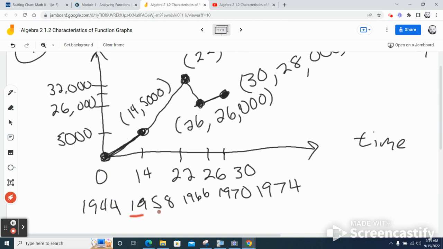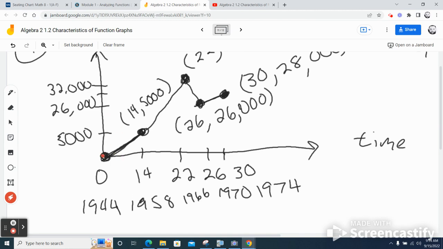And then it says in 1958, they had 5,000 warheads. So it's a gradual increase. You can make the assumption that it is a constant increase or average increase, however you want to. So I'm going to plot a point at 0, 0, and then how many years passes from 1944 to 1958? 14 years.